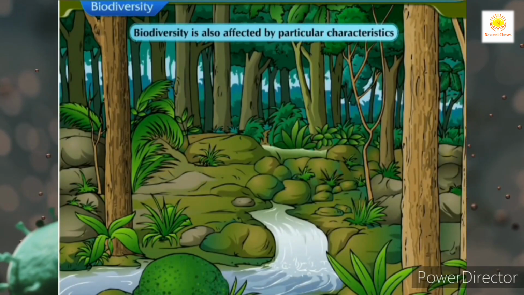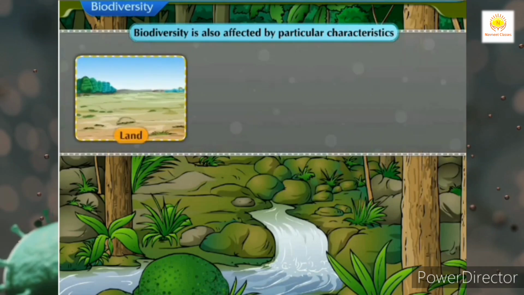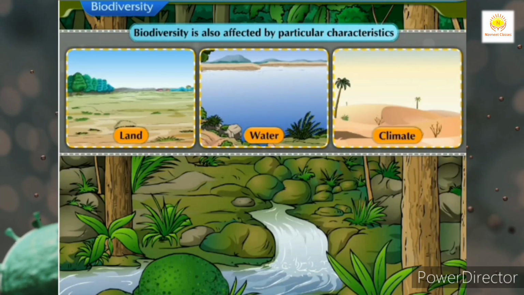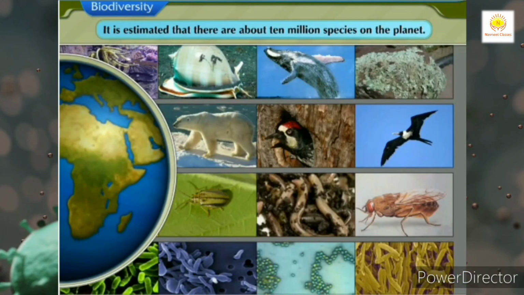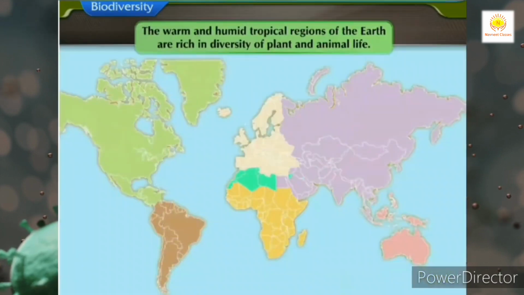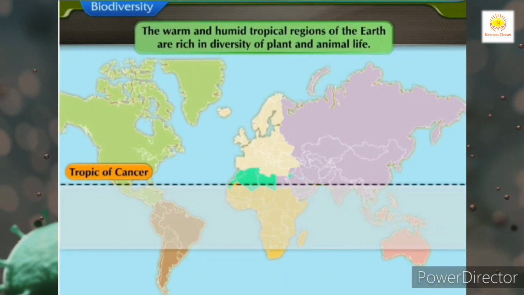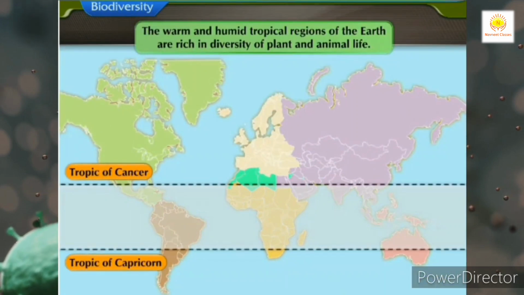Biodiversity is also affected by particular characteristics of land, water, climate, etc. It is estimated that there are about 10 million species on the planet. Of this, we actually know only 1 or 2 million of them. The warm and humid tropical regions of the Earth between the Tropic of Cancer and the Tropic of Capricorn are rich in diversity of plant and animal life.